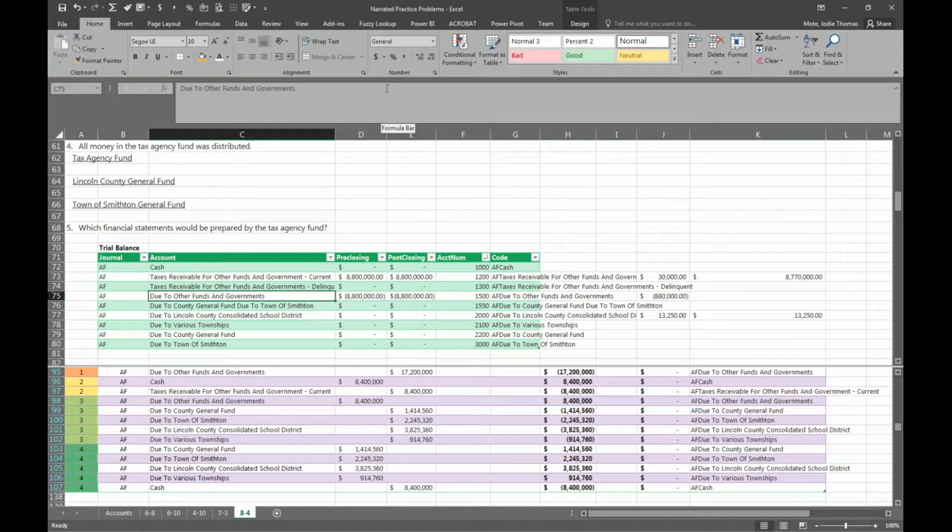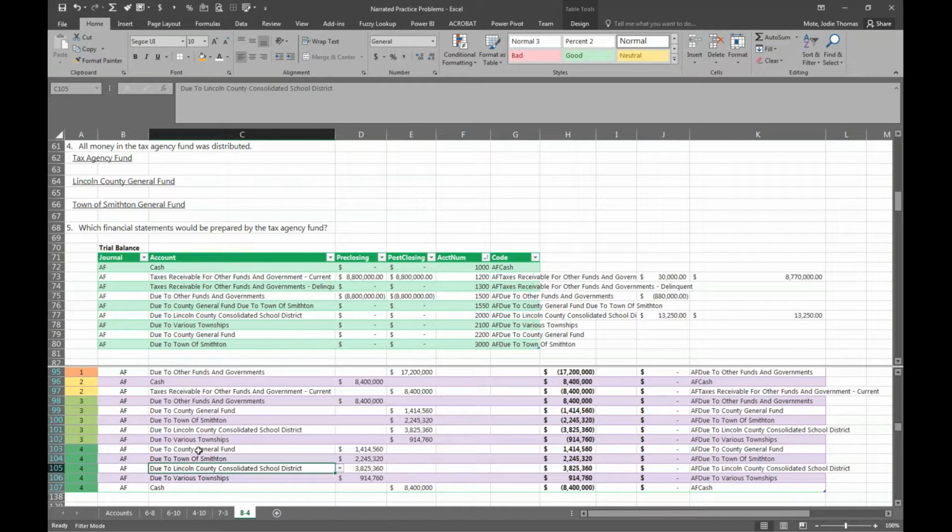So that may be the one difference, but this is basically how your trial balance is going to look at the end of Module 8 on the city project, Corvallis, Smithville, whatever the city is for the semester. It's going to have 2 balances because it's going to get rid of all its cash in the fund, and that's what tax agency funds do. They're basically just large sweep accounts.